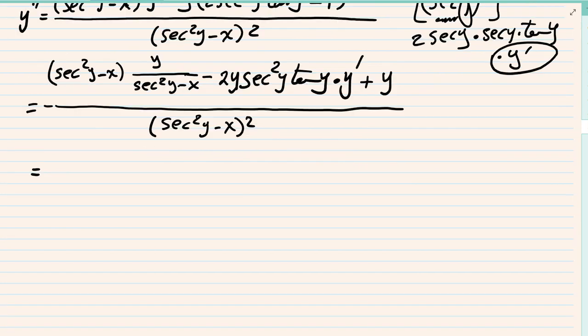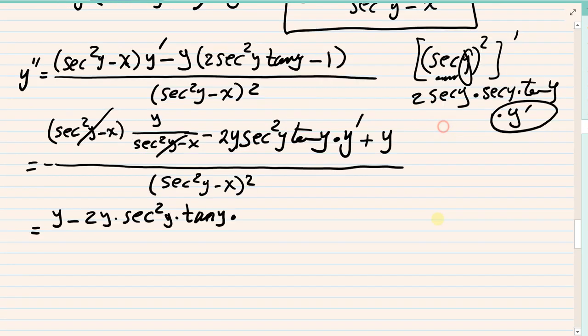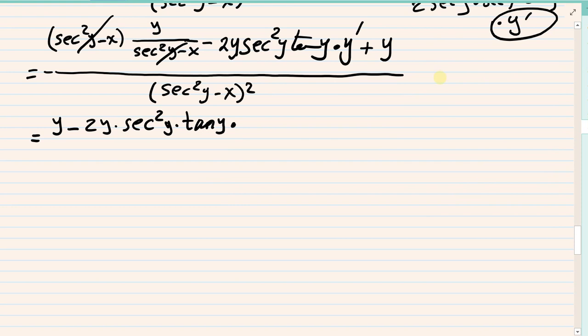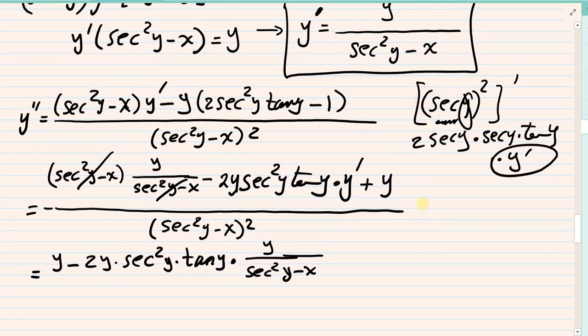Okay, and also I'm going to cross these binomials out. So I'm going to get y minus 2y secant squared y times tangent of y times y over secant squared minus x y over secant squared y minus x.